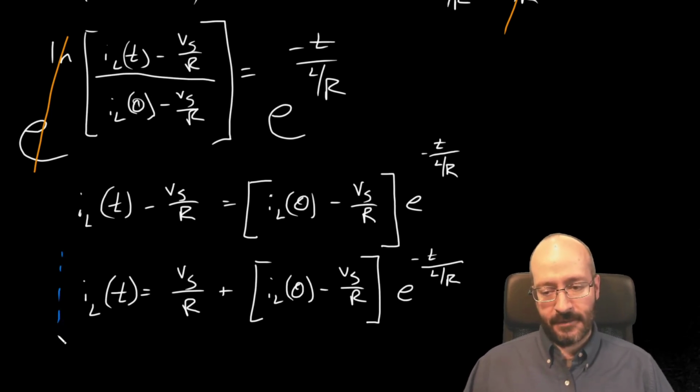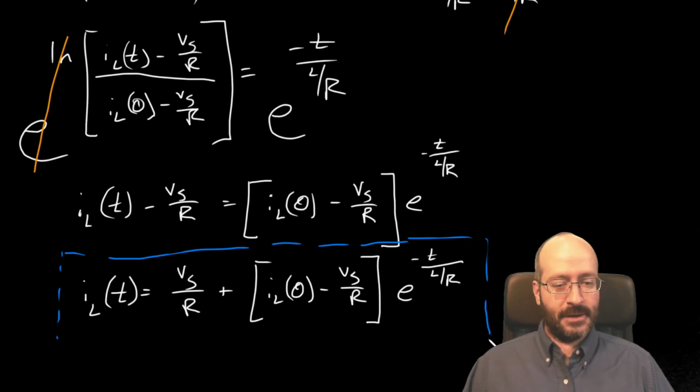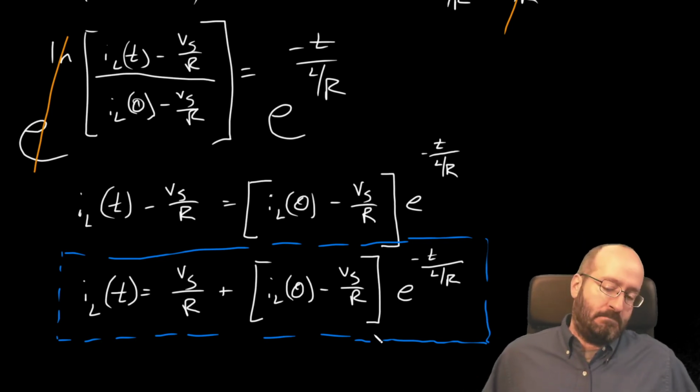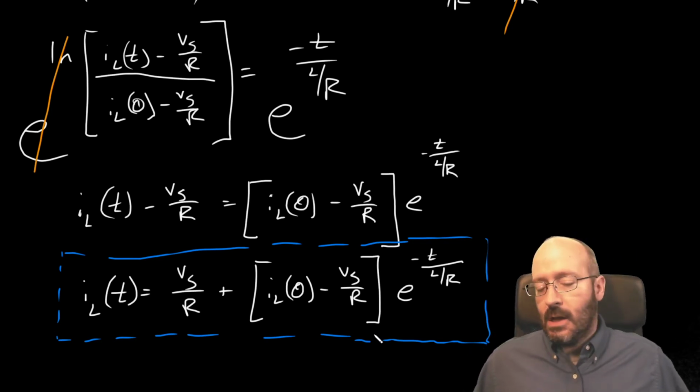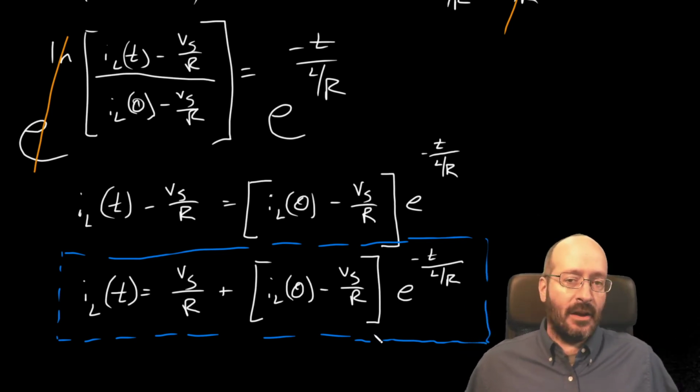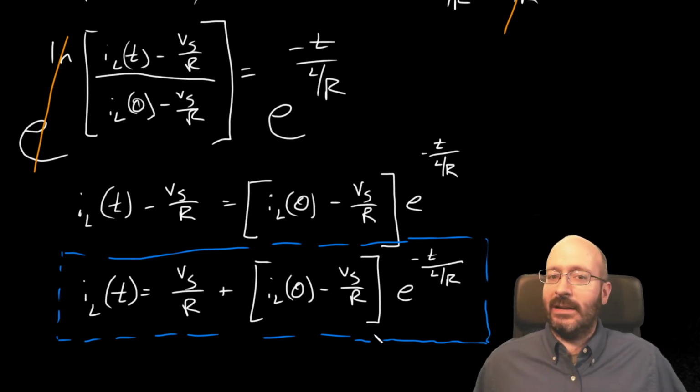Pay close attention. Well, first off, that looks like a charging capacitor, but we've swapped out the capacitor voltage for the inductor current. Looks pretty similar. And if we're paying close attention, it looks like the other three equations all together.